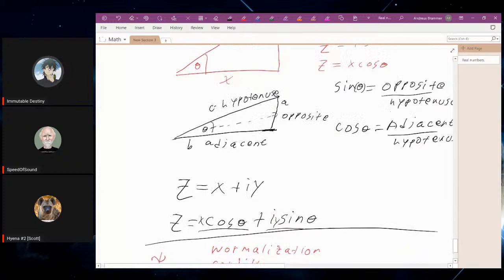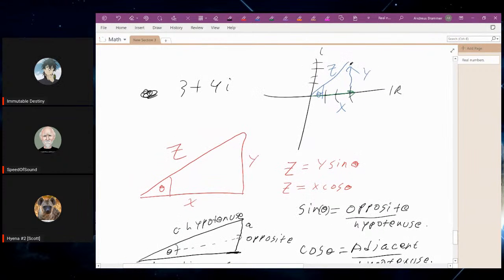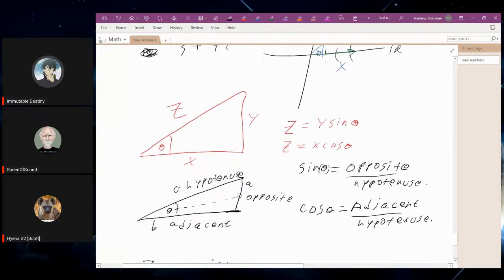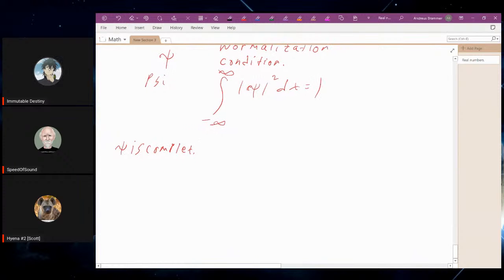Well, if you remember this picture we were talking about in terms of x and y, and how we're trying to define z in terms of it. Let's relabel some things. So let's draw our complex plane again. This would be some value of psi in the x direction.